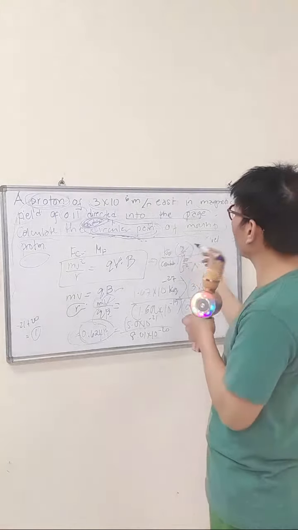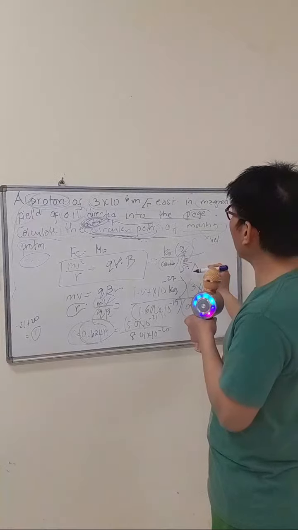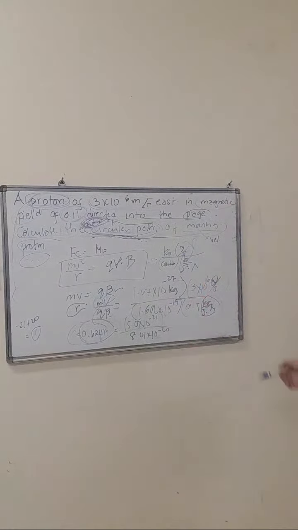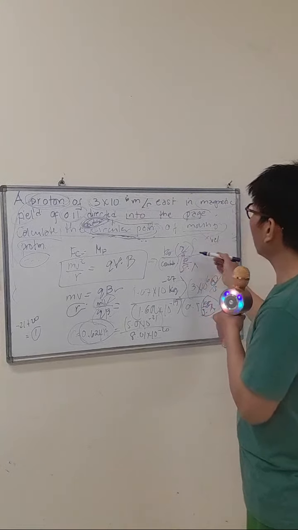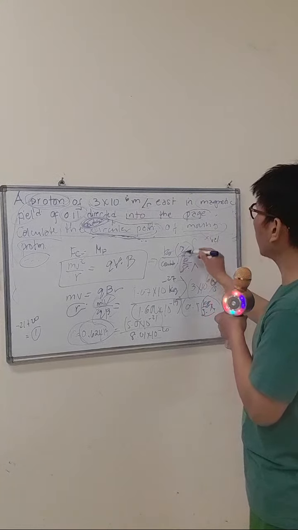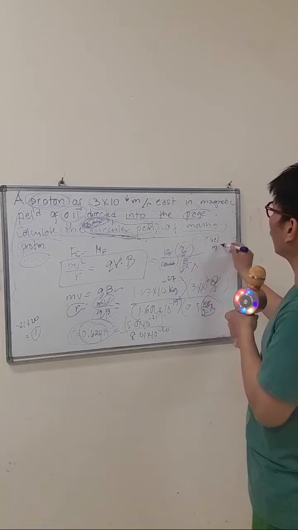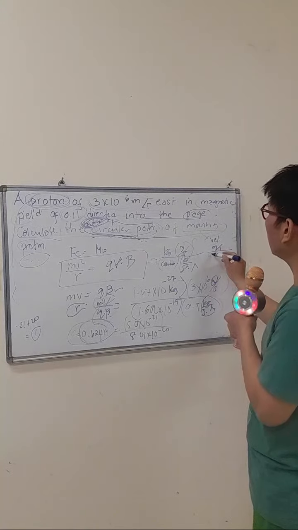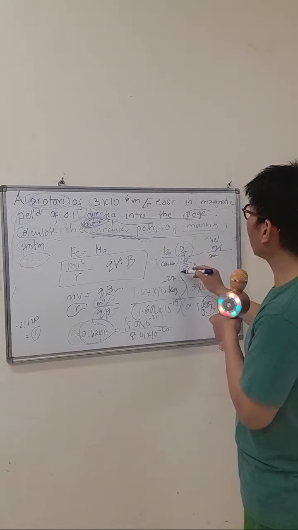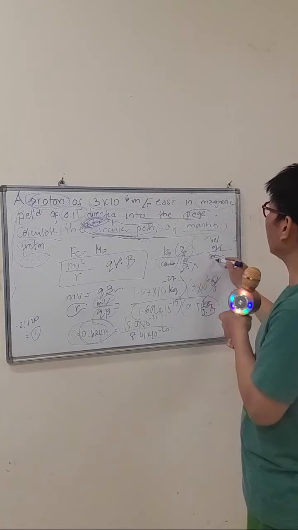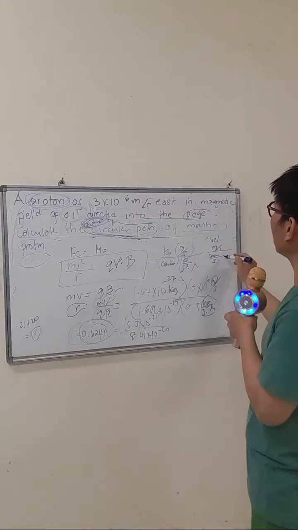Cancel kilogram, cancel second squared, and what is left is meter over coulomb per second, and ampere.